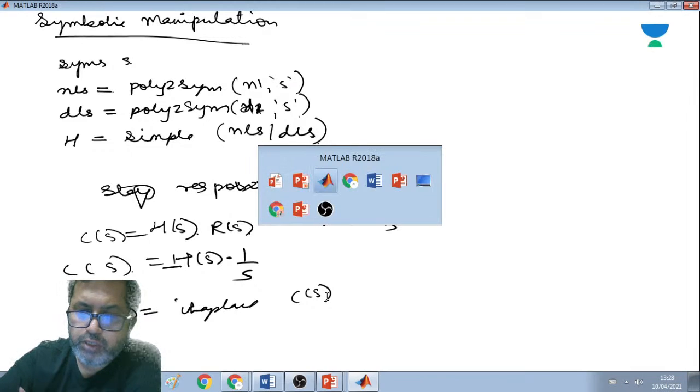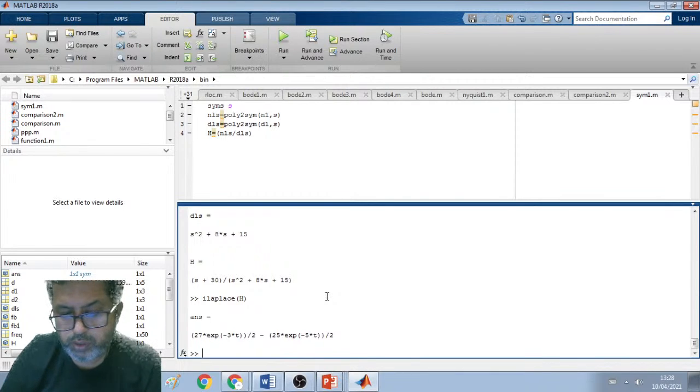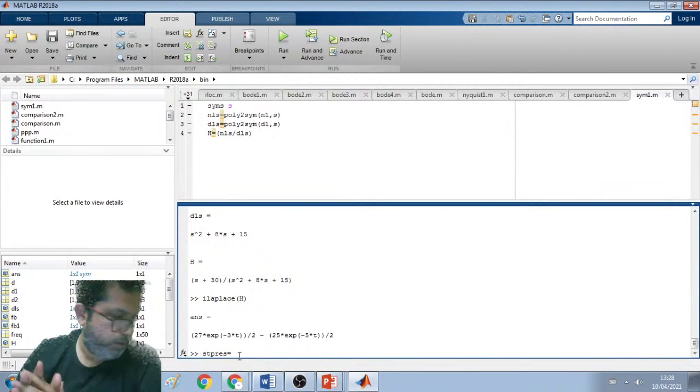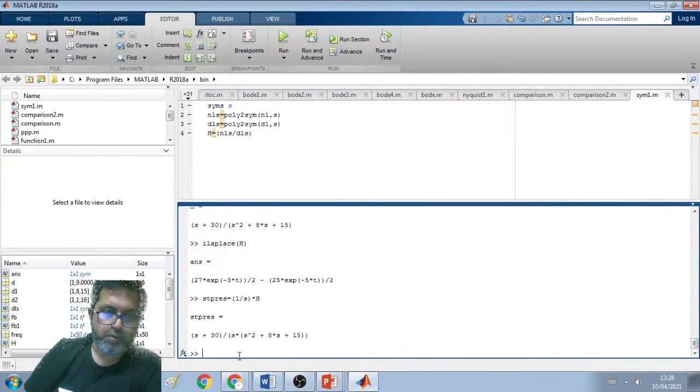Let us do hands-on. Step response, not DTP, STP. Step response is equal to 1 by s star H. So this is your step response.